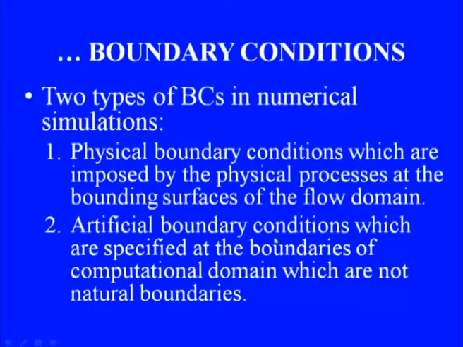The second case would be artificial boundary conditions, which are specified at the boundaries of the computational domain, which are not natural boundaries. To understand the second aspect, let us have a look at an unconfined flow around a bluff body, or it could be a car, where we want to simulate the flow around a car.